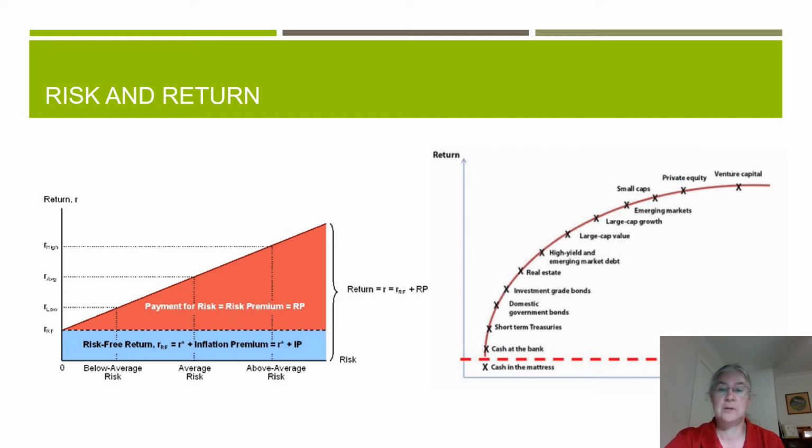They are extremely low risk, but their returns are better than the cash in the bank account. Then we move up our graph, and we've got property, debt, and then we've got our shares, large capitalization, small, emerging markets. Now, private equity, where it is much more risky, and we would expect a higher return for that, and venture capital.